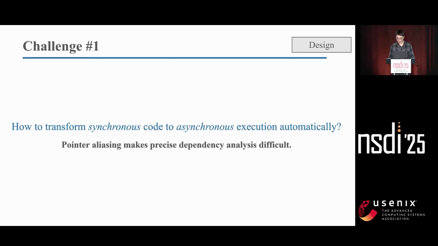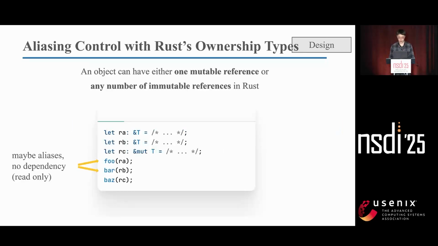It introduces hidden data dependencies that are difficult to detect through static analysis. But this pointer aliasing problem can be solved with ownership tags. In the Rust programming language, an object can have either one mutable reference or any number of immutable references.